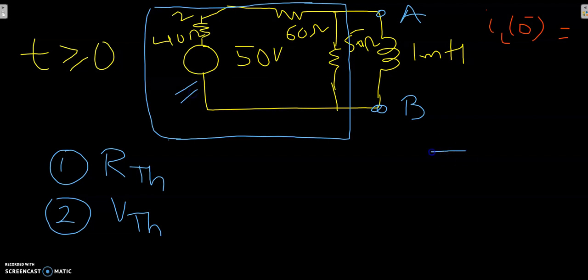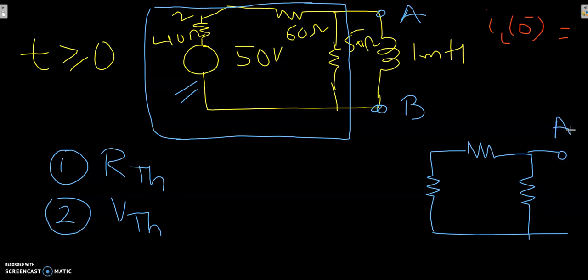So basically I would be getting this circuit. This is point A, and this is point B. This is 50, this is 60, this is 40. So this is RTH.